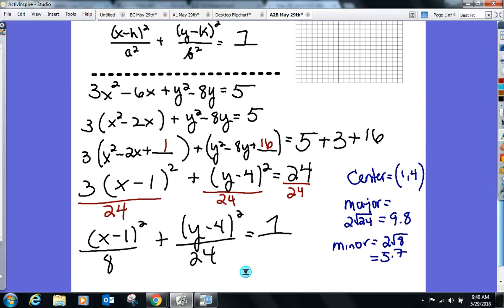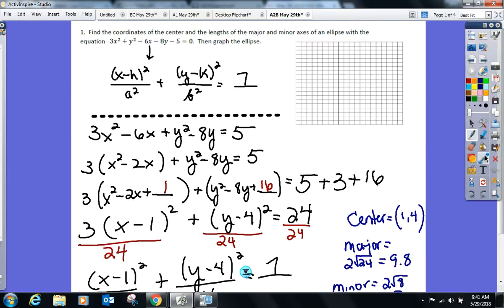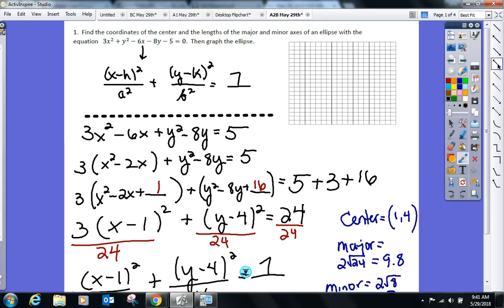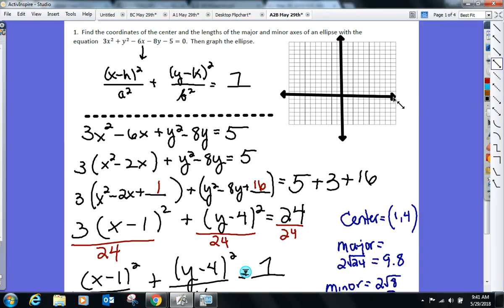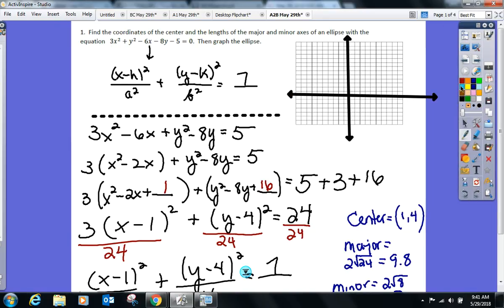All right, let's graph it now. Let's graph. So go to your center of 1, 4.